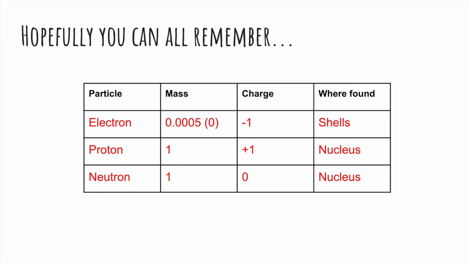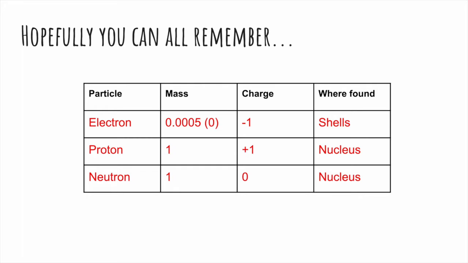If not, that is something that you're definitely going to want to be going into A-level chemistry being nice and aware of. So these are my subatomic particles: electron, proton, neutron. My mass for an electron is 0, proton is 1, neutron is 1, and these are my charges, and these are where they're found. This is information that you will need to keep with you throughout your chemistry career.